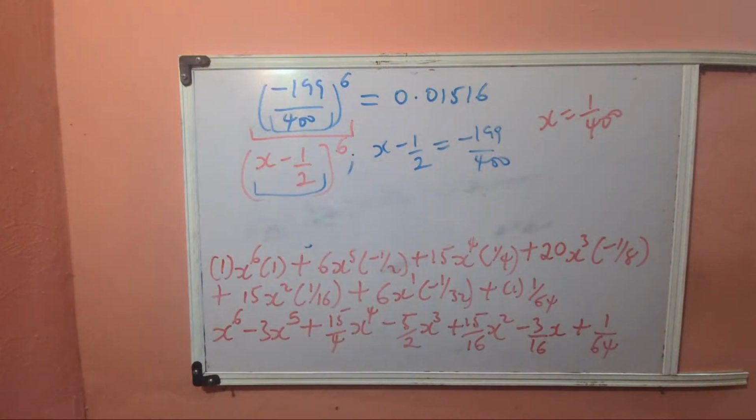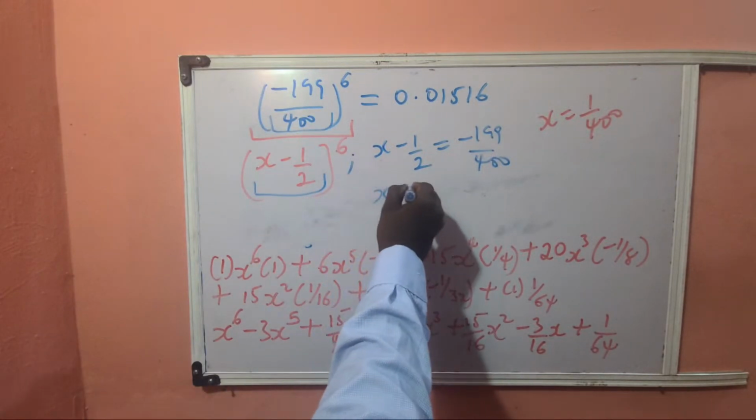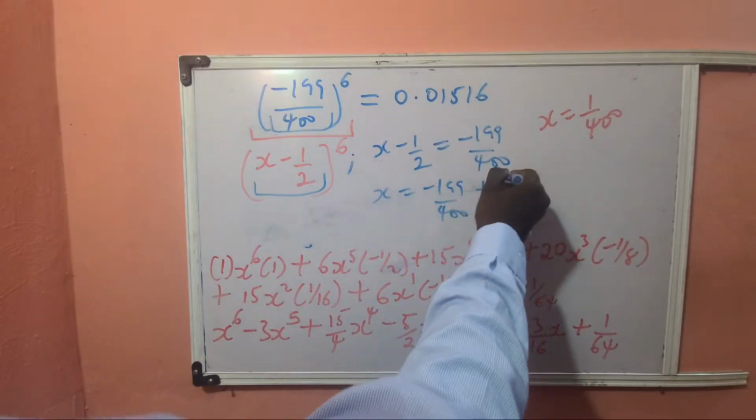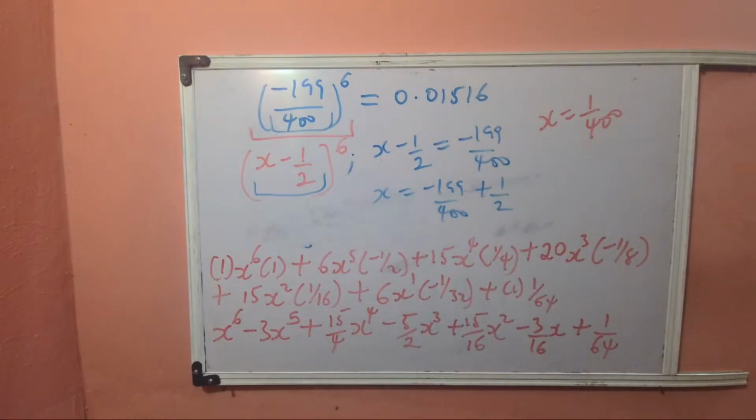So if you go on to solve this, you will have x being equal to minus 199 over 400 plus 1 over 2. Can you try and press this on the calculator and tell me what your value would be? If you press minus 199 over 400 plus 1 over 2, what does it give you as a value for x? Anybody with an answer there?